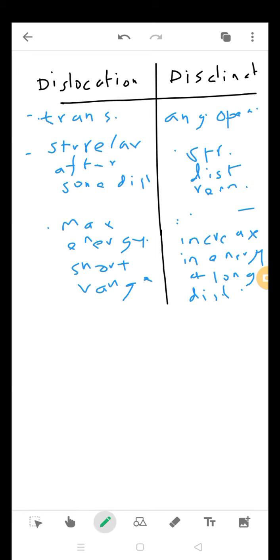And lastly, as already explained, disclinations are not common in metals and alloys.